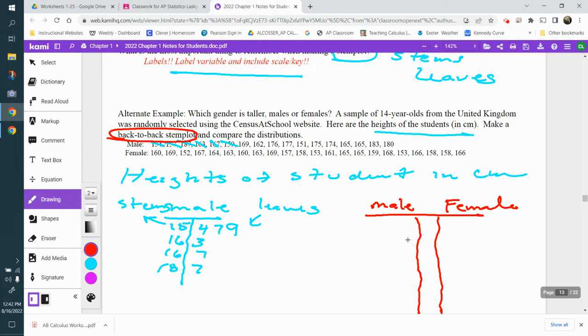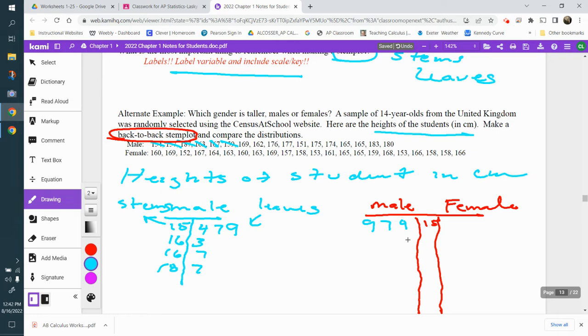It's so we can compare the distribution. So I know that this one's 15. And for males, I'll do these 3 that I have here in blue. So we got a 154, a 157, and a 159.